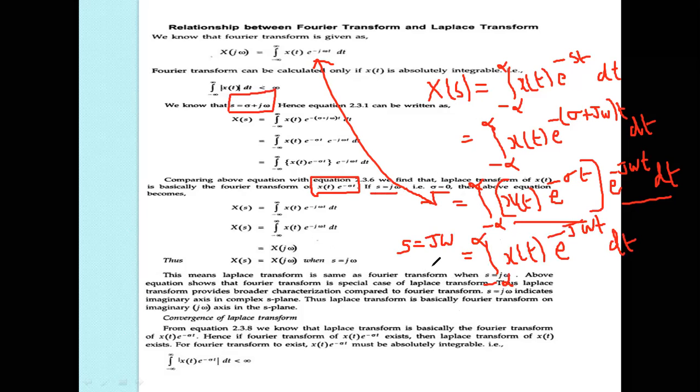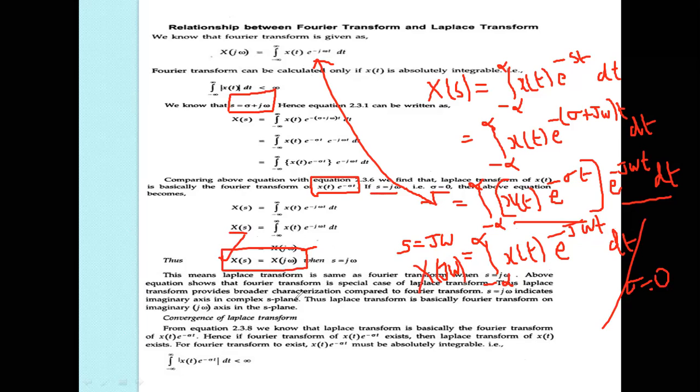So you can replace S with jω, and σ is equal to 0 here. Now both the equations are the same. X(jω) equals the integral from minus infinity to infinity of x(t) e^(−jωt) dt. So X(S) equals X(jω).